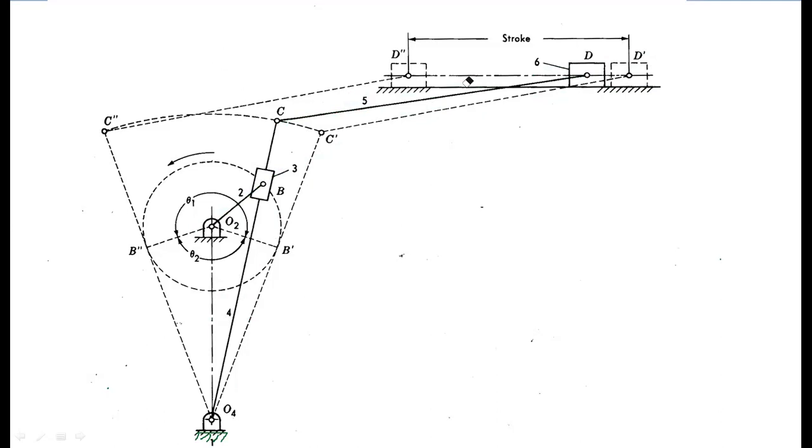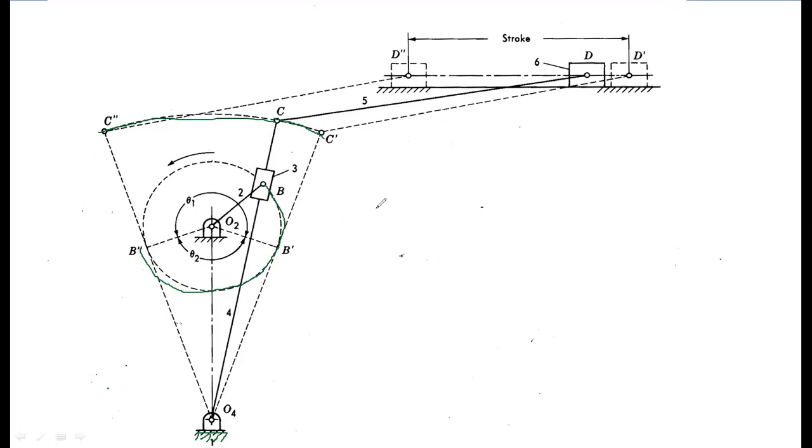Now let us understand this more in depth. B, B dash and B double dash are the extreme positions, right? And because of that, C, C dash and C double dash would be the movement of the slider.